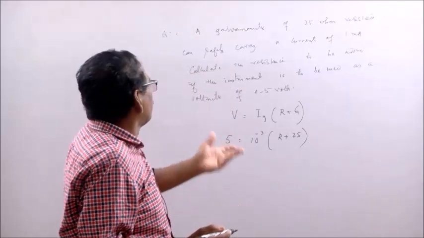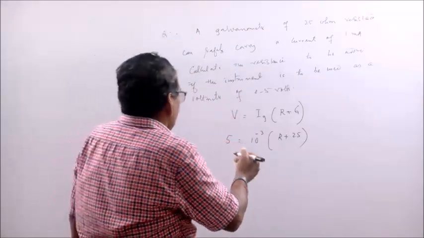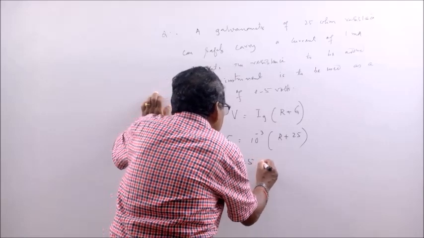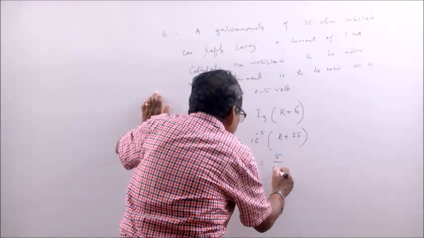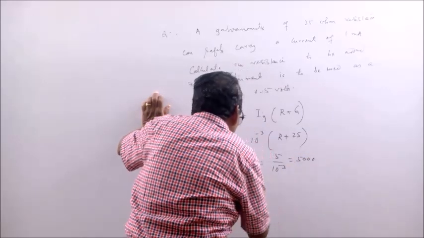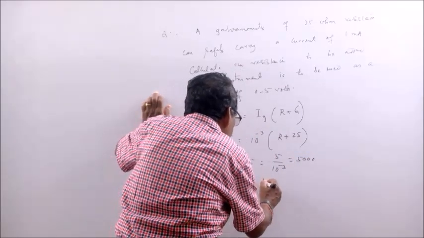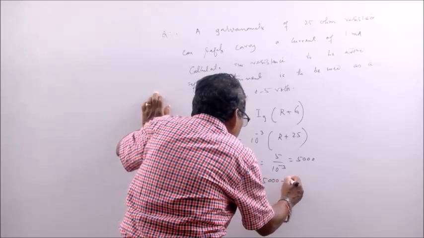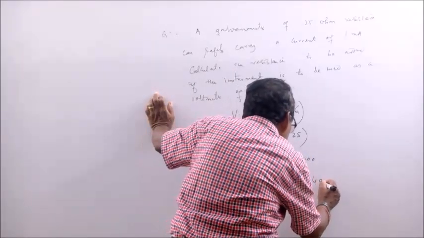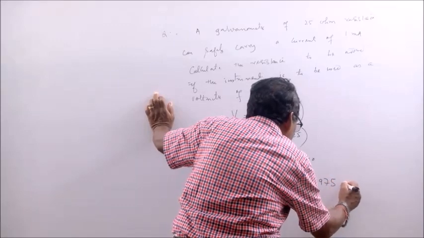So this is a very simple problem. R plus 25 is equal to 5 by 10 to the minus 3, that is 5000. So R is equal to 5000 minus 25, that is equal to 4975 ohms.